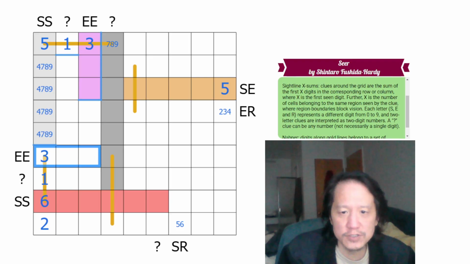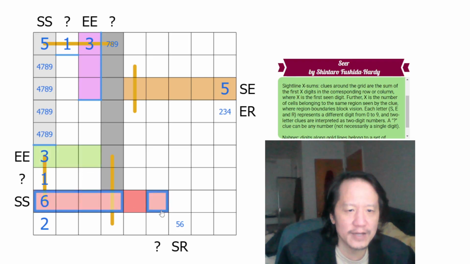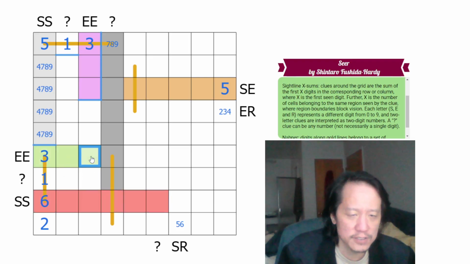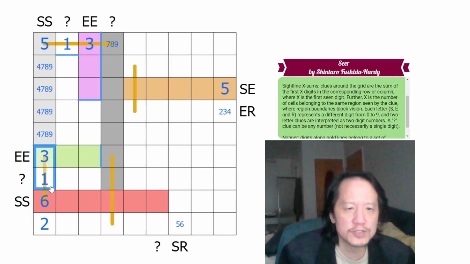We know this is, I'm going to make that green. This cannot be the same as this region because this is 6 and this is 3, right? It's obviously not part of this region. So it does block this off. If this is 1, how many digits can this add here, right?